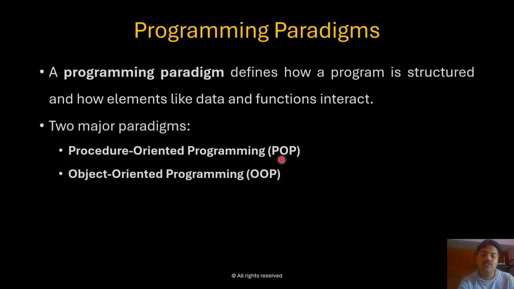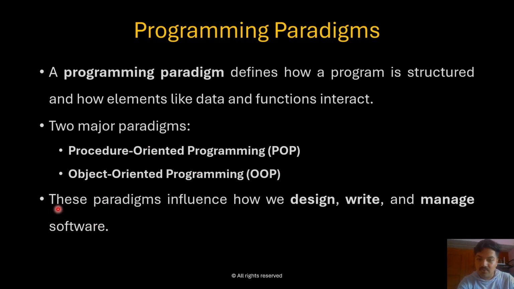In procedural oriented programming, it mainly focuses on functions, whereas in object oriented programming, all the functions and data are stored inside a class. So these paradigms influence how we design, write, and manage software. So this defines how we create any software.